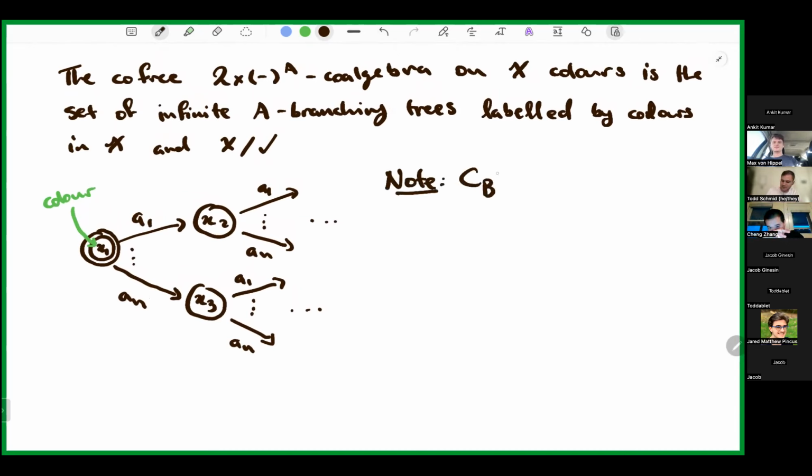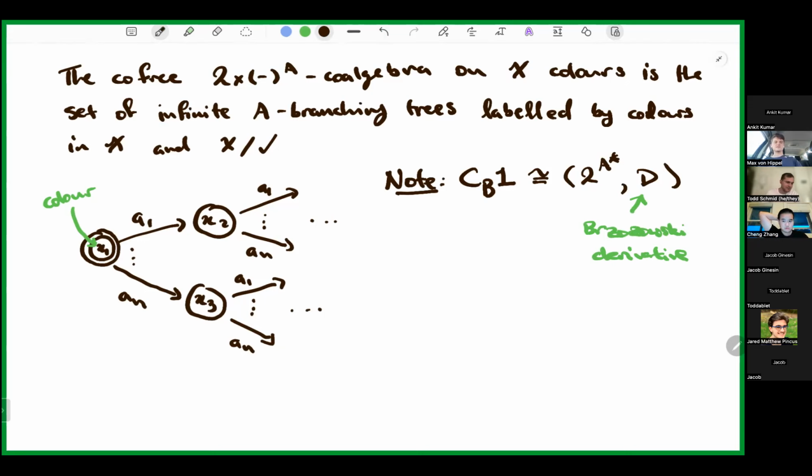In particular, if you look specifically at C1, the co-free coalgebra on one color, this is actually isomorphic to just the classic languages with the Brzozowski derivative.